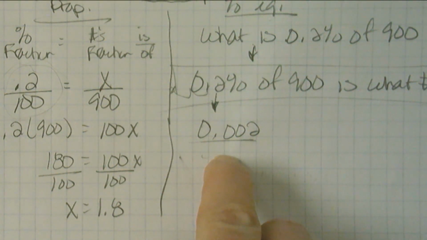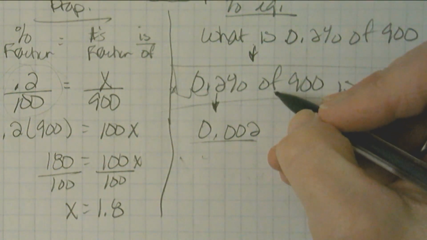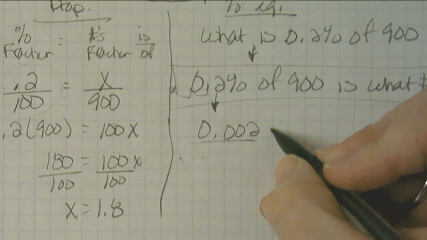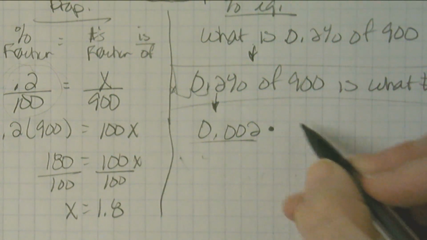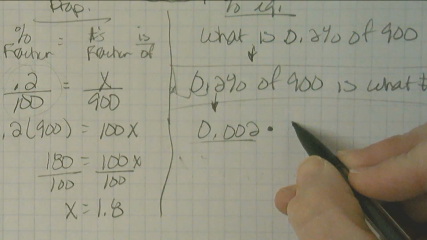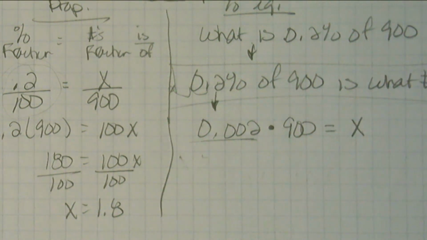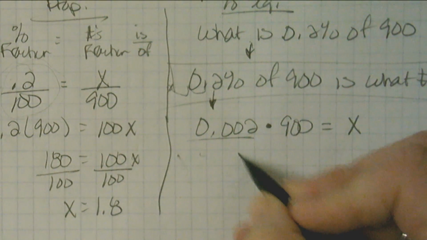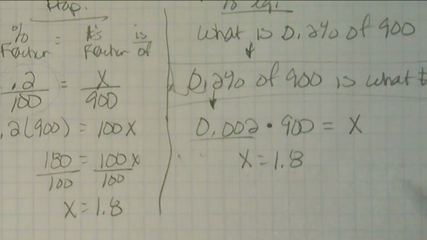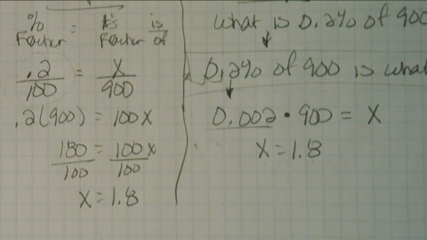So it simply is 0.002. Do you understand? What does of mean? Times. Keep going. There you go. And when I do that multiplication, I should get x is equal to 1.8.